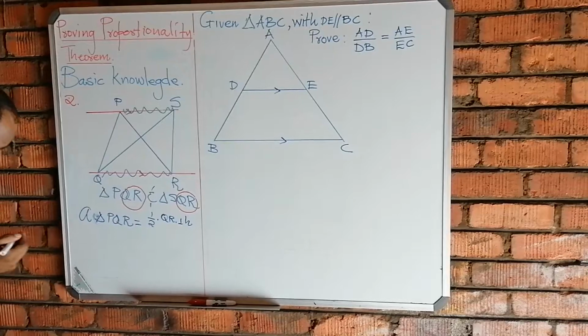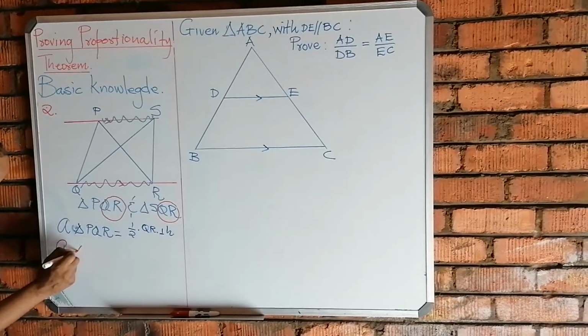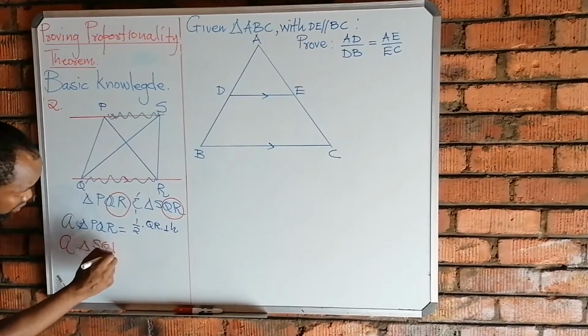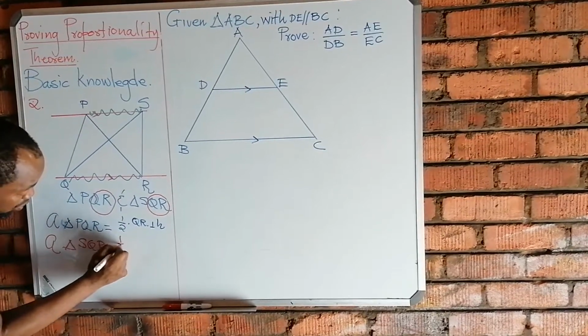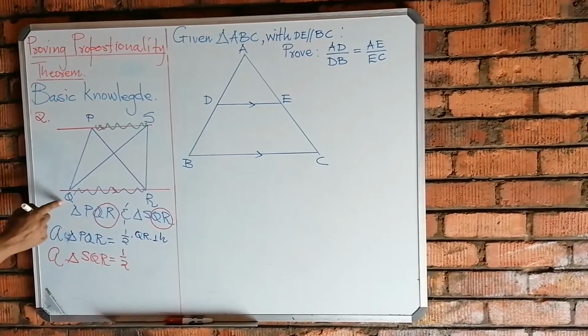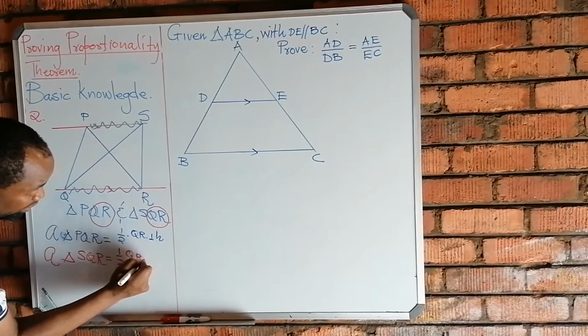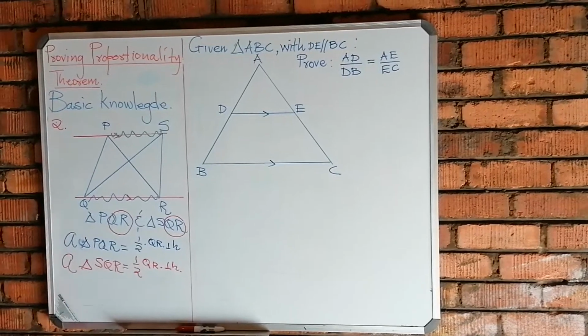Now, if you again look at another triangle here, which we talked about, SQR, its area would be half the base, QR again, multiplied by perpendicular height.